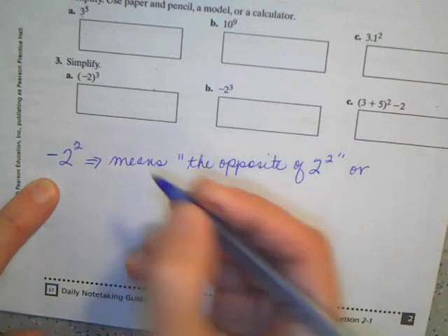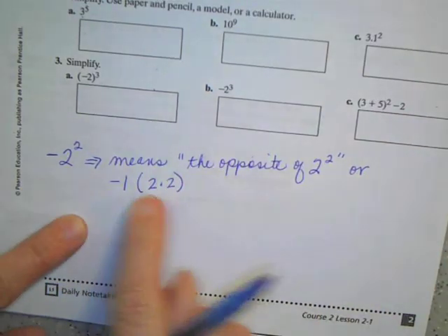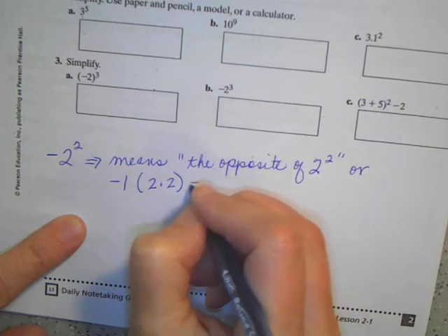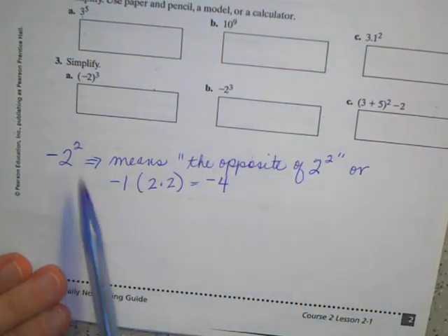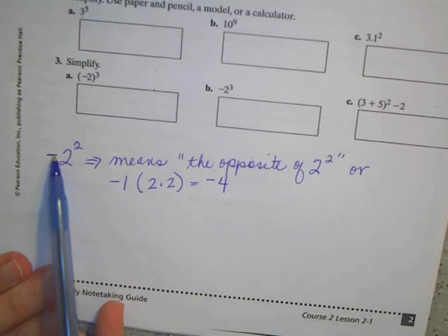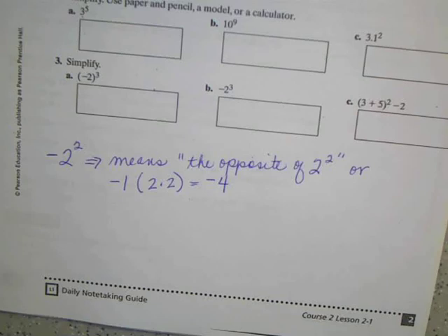Or if you wanted to write it in numbers, -1 times 2 to the second power, which is -4. If you have an expression like this where the negative sign is not included in front of a parenthesis, you're going to end up with a negative value because it wants the opposite of squaring that base. Opposite of means you're going to change the sign on it.